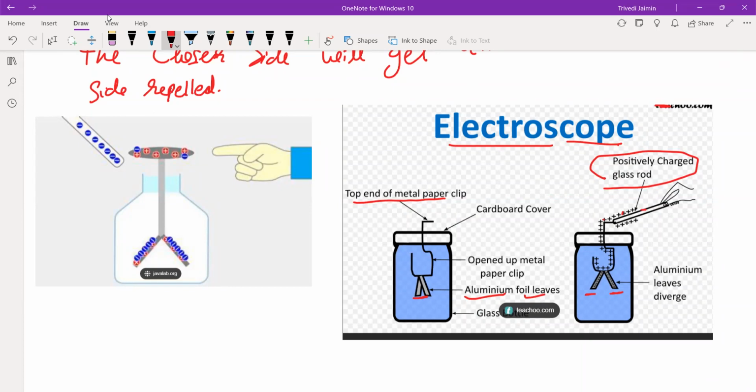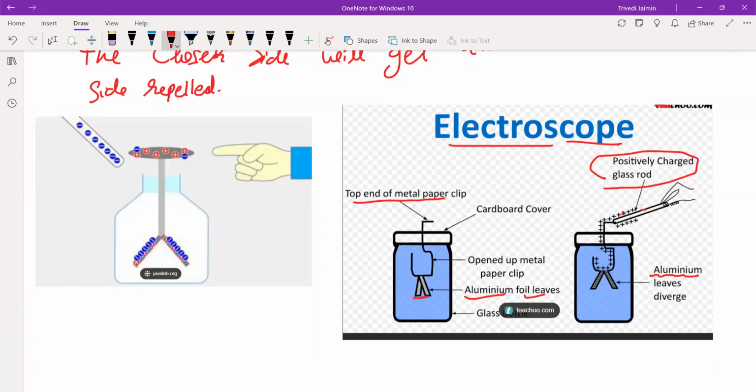So why can't it be negative? Like if both are negative, they will repel again, right? Sir, but like charges repel, right? Yeah. No, not that way.